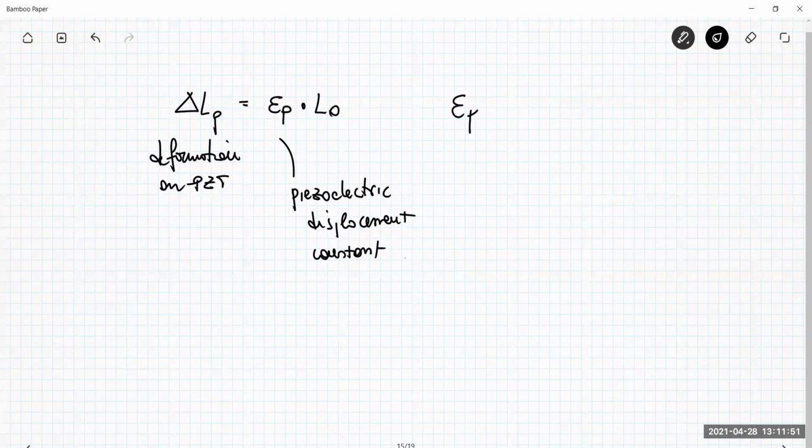This piezoelectric displacement constant is the ratio between the elongation and the rest dimension, so it is dimensionless.